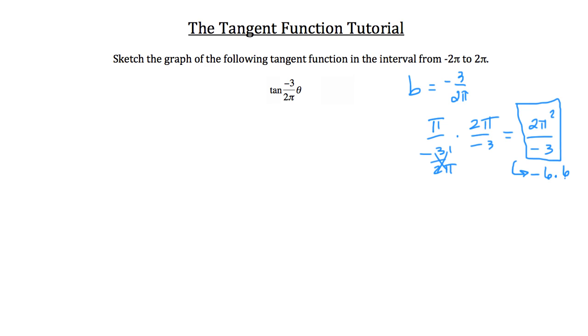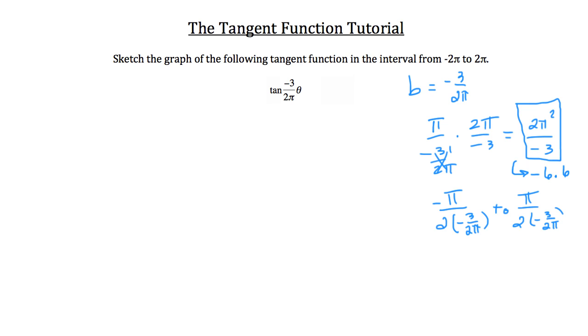Now also keep in mind that the interval of one cycle ranges from negative pi over 2b, so over 2 times our b value, which is negative 3 over 2 pi, to positive pi over 2b, so 2 times a negative 3 over 2 pi.